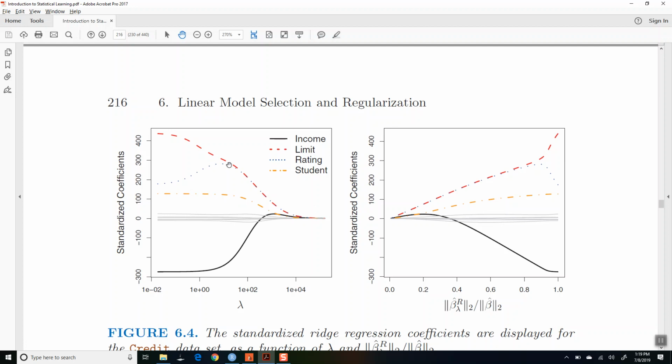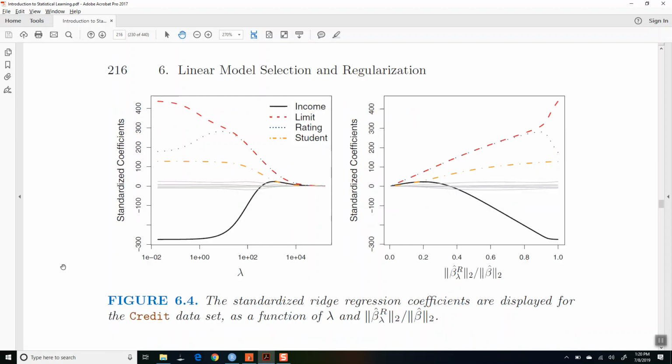And so what we can see is that if there's very little penalty, we're going to get values that are actually very close to the OLS values, okay? And these are the standardized coefficients. So we end up getting something like -300 versus 400 and something for income, limit, and rating.